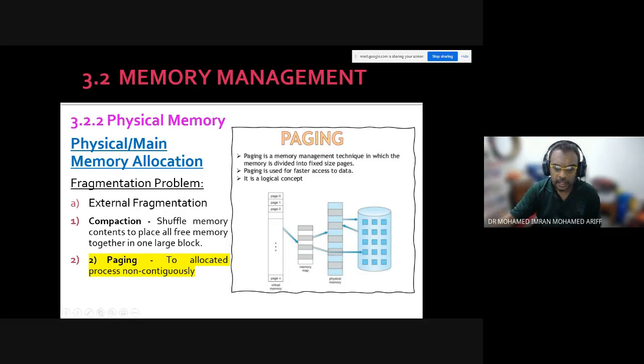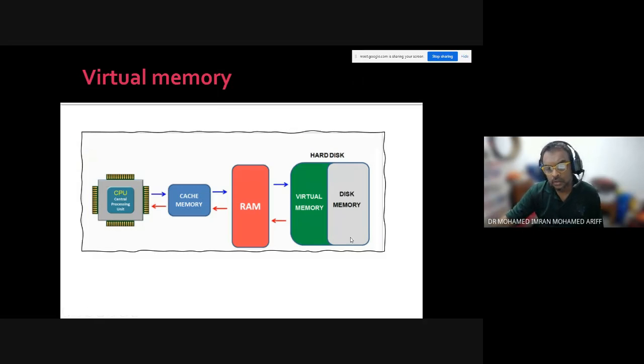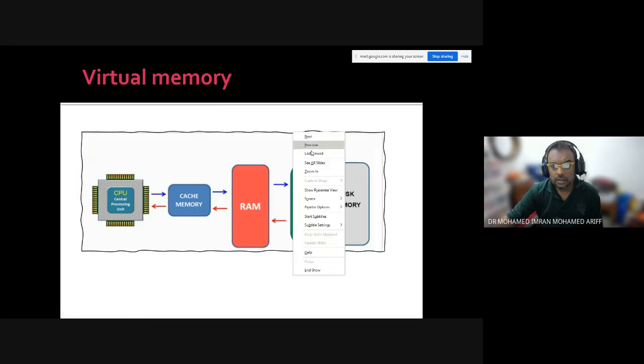Then you have the virtual memory. What is virtual memory? Virtual memory is part of the secondary memory. In this diagram, let me show you what virtual memory is.